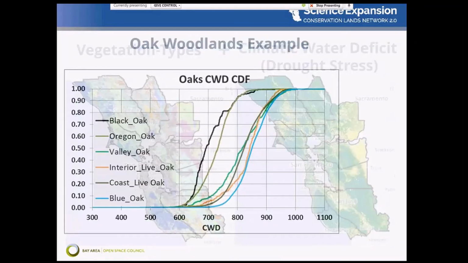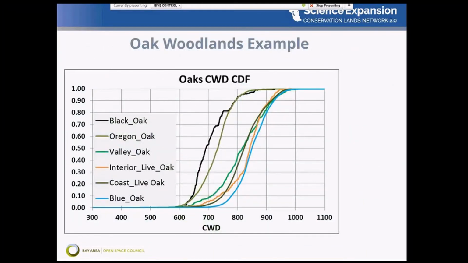And then for each vegetation type we got the profile of climatic water deficit in which we find it. So in this graph, we have various oak communities, and you can see that black oak and Oregon oak have a lower CWD threshold. We decided to pick the 95th percentile as a benchmark, and when we created a metric, that's how far away from that threshold you are.